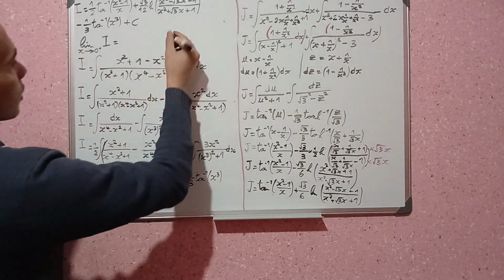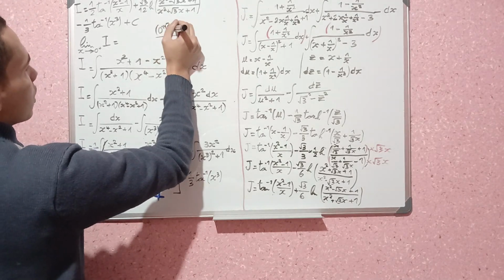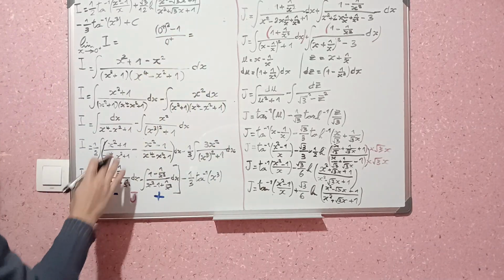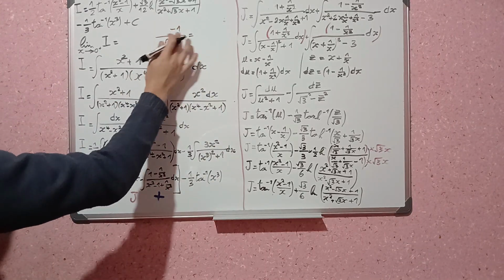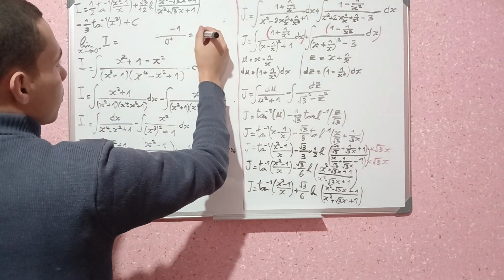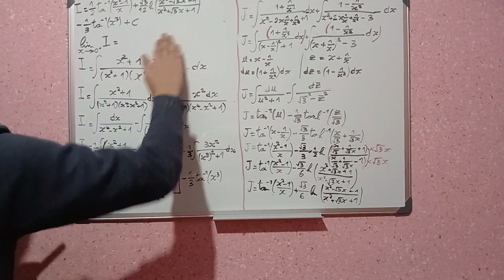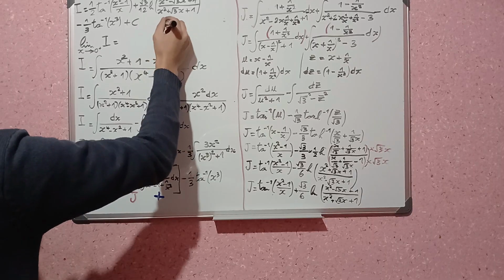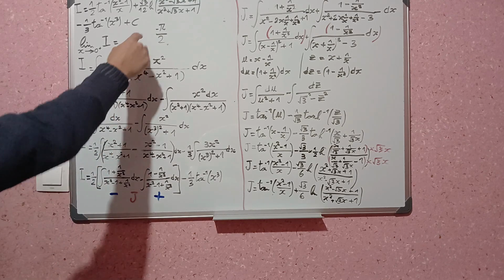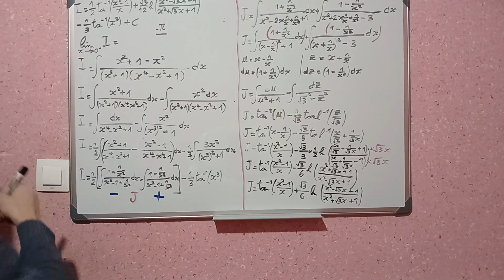Then this part, let me write it like that, 0 squared minus 1 over 0 plus. This part will give us just 1 minus 1 over 0 plus, it will give us minus infinity. Inverse tangent of minus infinity is minus pi over 2. And half of minus pi over 2 is minus pi over 4.